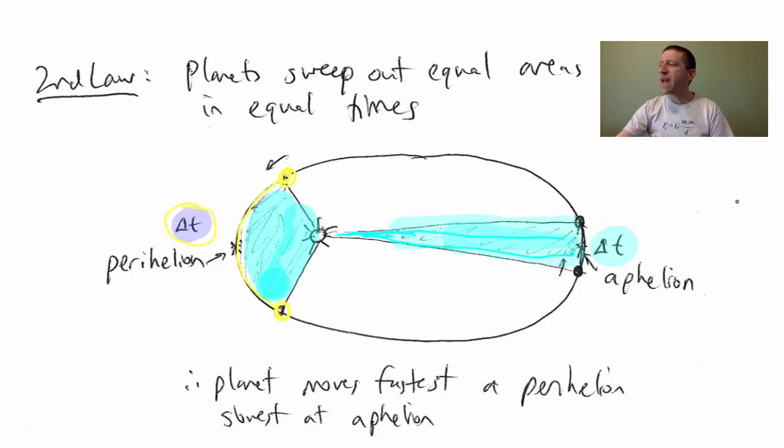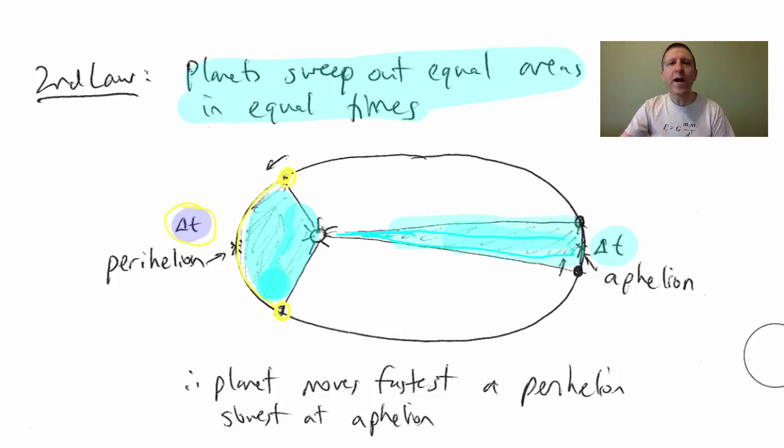That area will be the same amount. That's what Kepler was saying by the fact that the planets sweep out equal areas in equal times. And what this tells us is that the speed of the planet has to change. Look at this and you tell me, where is the speed of the planet faster? Over here or over here?